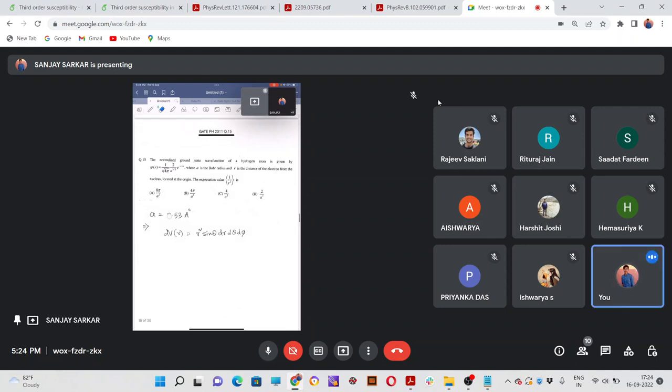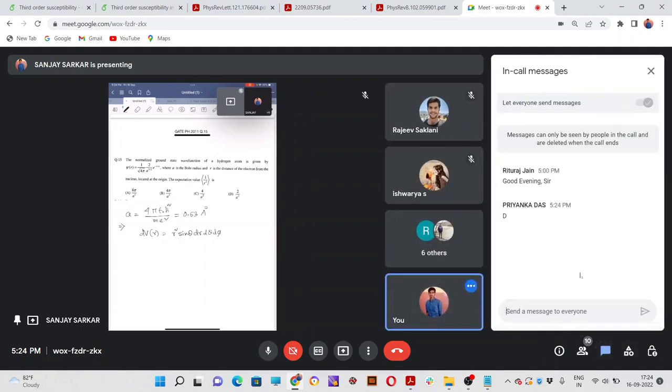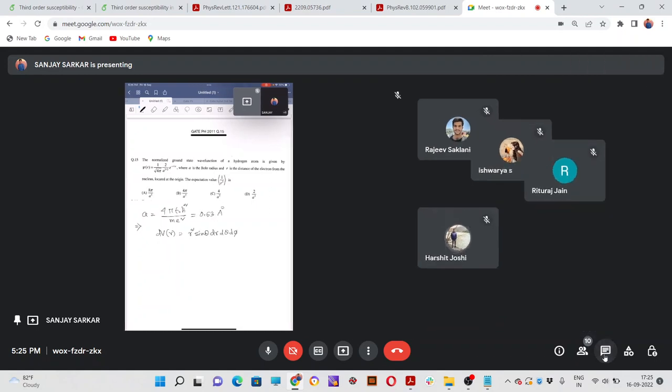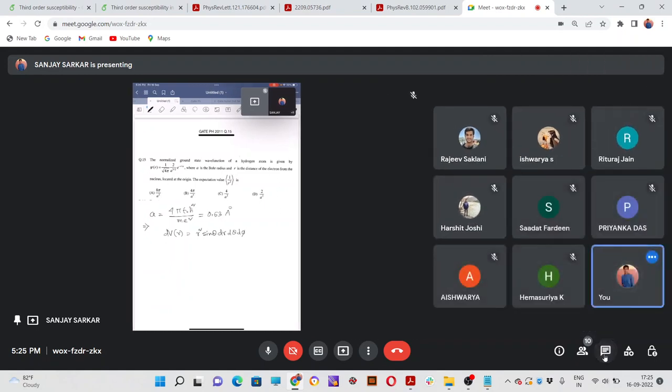A is basically, we write the expression of A, it is 4 pi epsilon naught h bar square by m e square, and it is 0.53 angstrom. Yes, someone has, yeah, Priyanka has solved it and she said that it is option D, and I think it is option D.